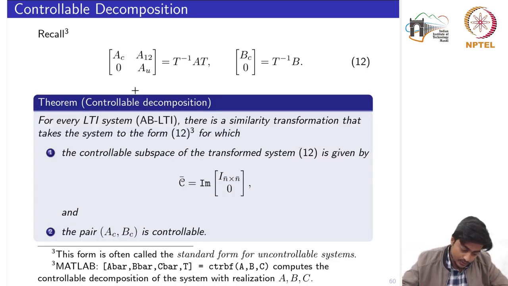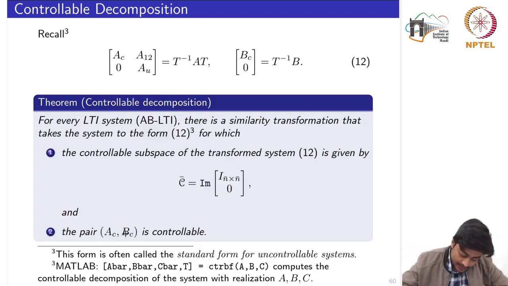So recall these two matrices we have just constructed. For every LTI system AB, there is a similarity transformation that takes the system to the decomposed form, for which the controllable subspace of the transformed system is given by the image of this identity and 0, and this identity has a dimension of n bar.